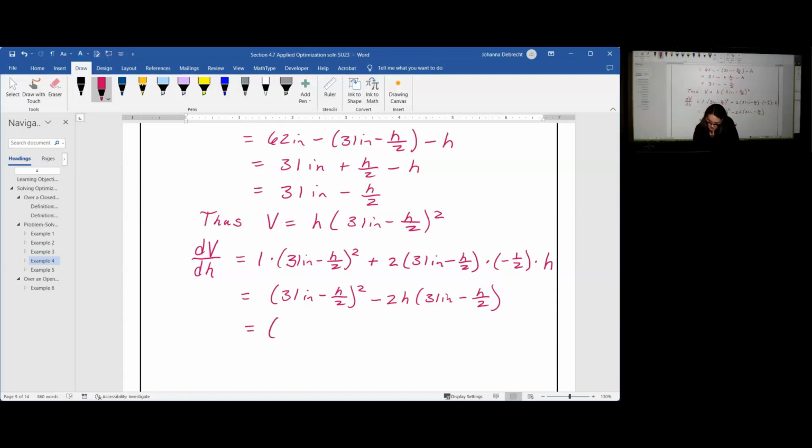This gives me (31 inches minus H over 2) times (31 inches minus H over 2 still, minus 2H). Now I can combine the minus H over 2 and the minus 2H and get minus 3H over 2. Did I do that right?